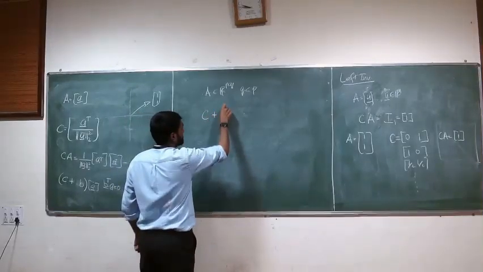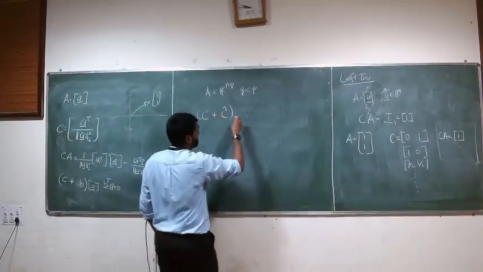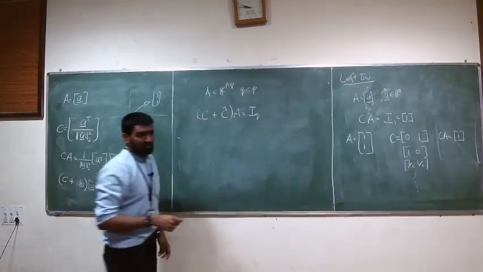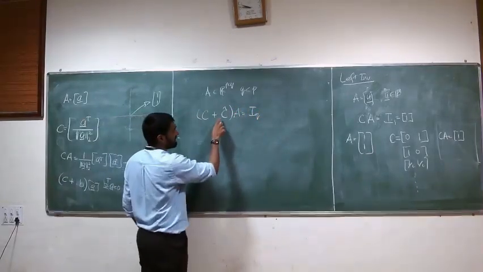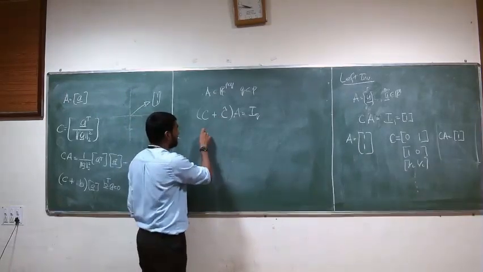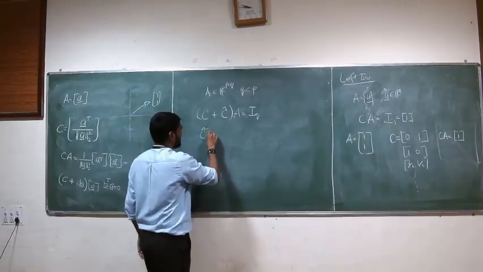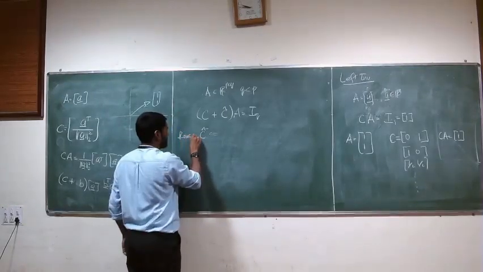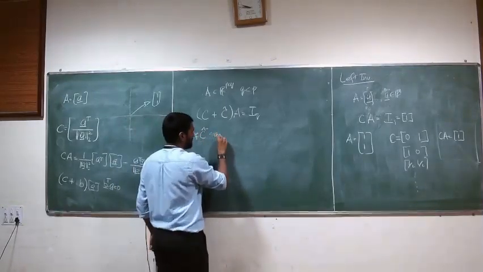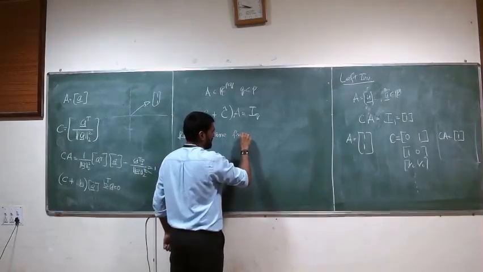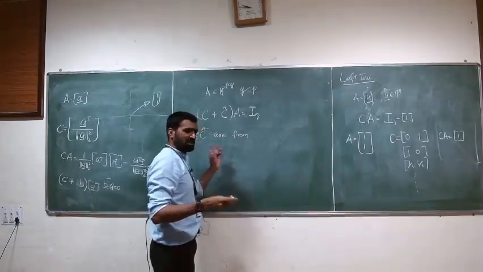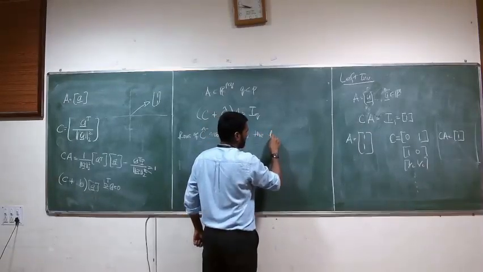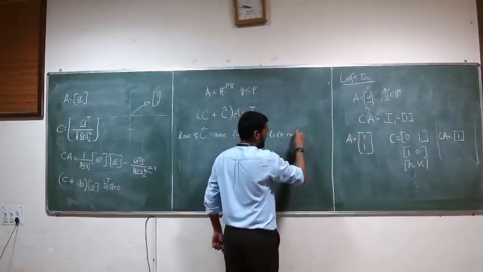C plus some C cap is a left inverse of A. It will give me I Q. And the rows of C cap come from the left null space.